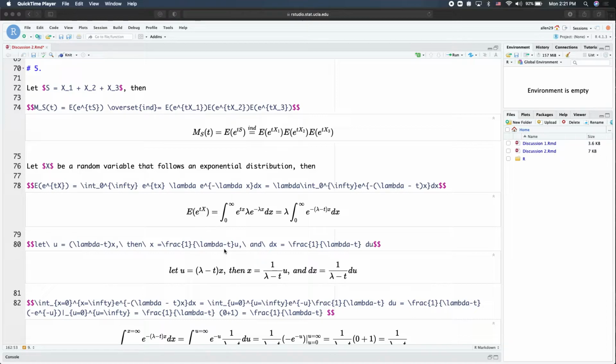Okay, then for question 5, I think this question is regarding three electronic devices, and each of them follows an exponential distribution.